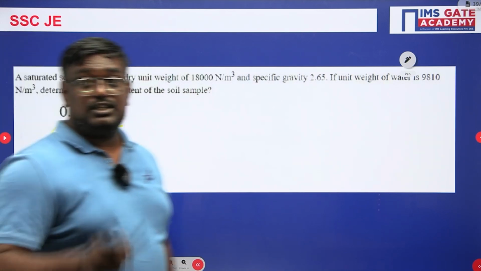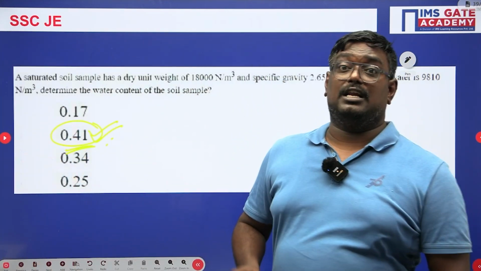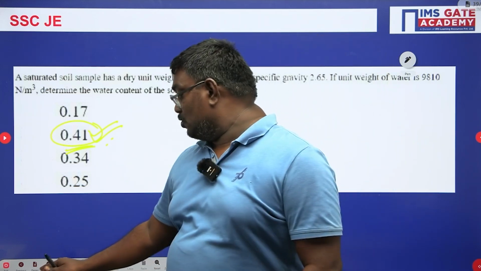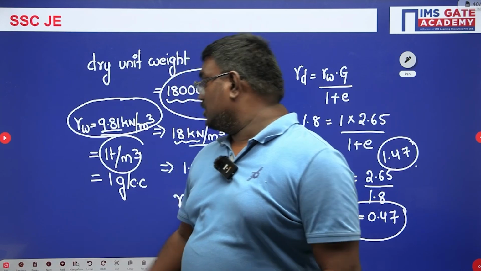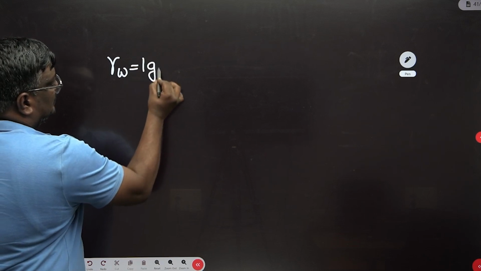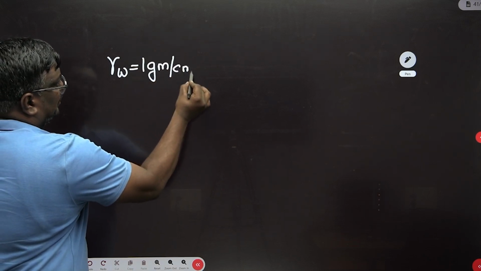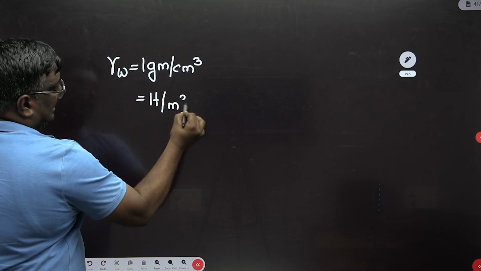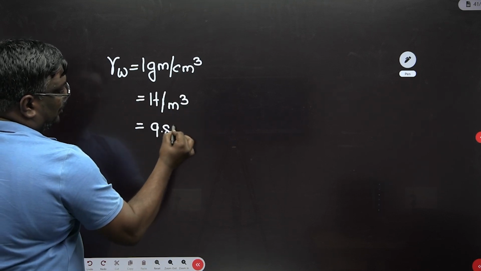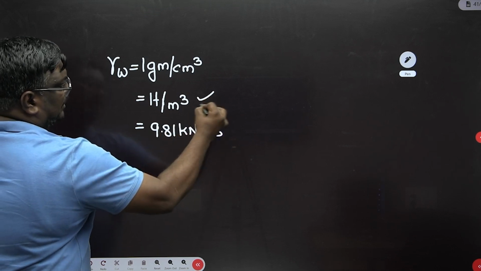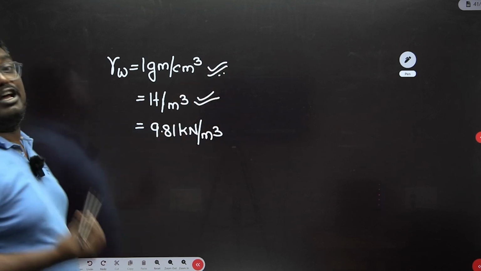So my dear students, if you have done with the actual calculation, if you have the calculator, then it is okay. But again I am telling you students, you should be aware of the logic. Because usually when we take one value, it will be easy. Gamma W is how much, sir? 1 gram per centimeter cube, or 1 ton per meter cube, or you can say 9.81 kilonewton per meter cube. And I always suggest you to go with 1 ton per meter cube or 1 gram per cc for easy calculation.